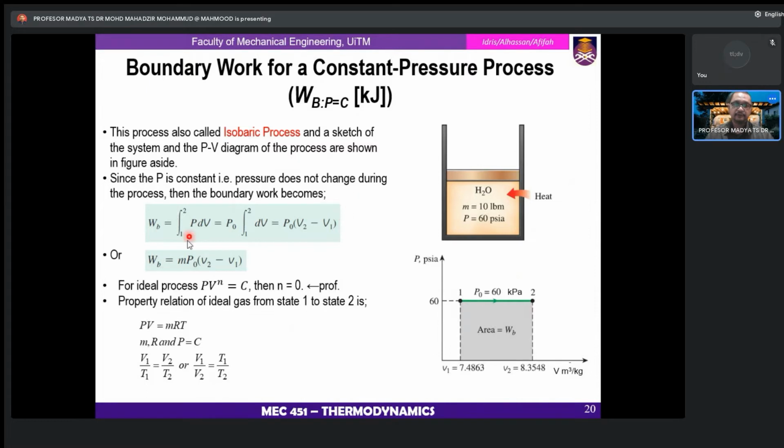So we use the boundary work equation, W equals the integral of PdV.